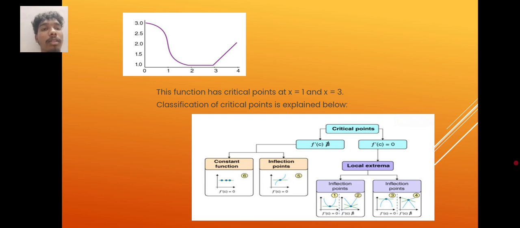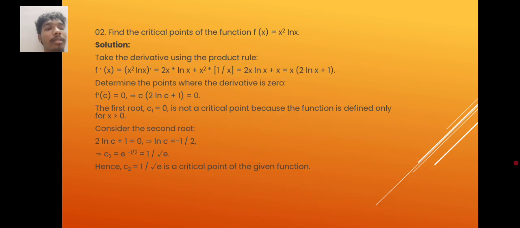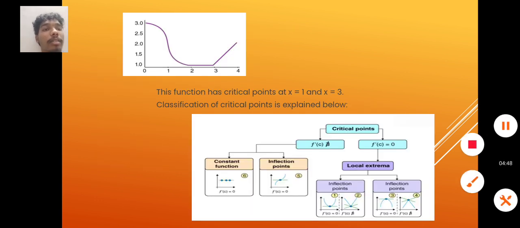In the sixth and fifth graphs, at the inflection point f'(c) is equal to 0, and on this side f'(c) is equal to 0 with two local extrema. In local extrema and inflection point, graph number 1 has f'(c) equal to 0, and the second, third and fourth graphs are displayed here.